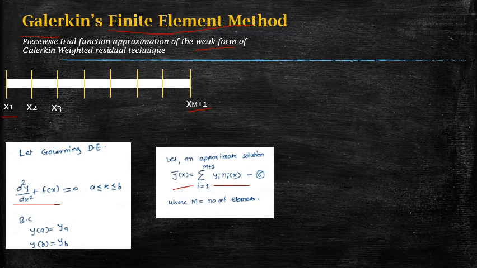Means y is a discrete value of the solution at nodal points, means y1, y2, y3, y4, y5, and so on.